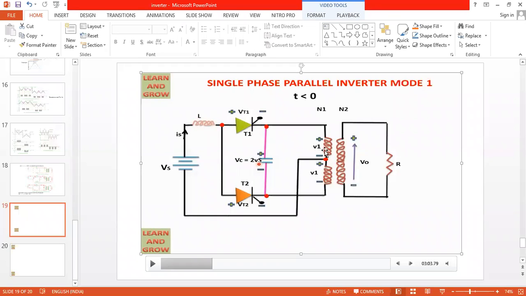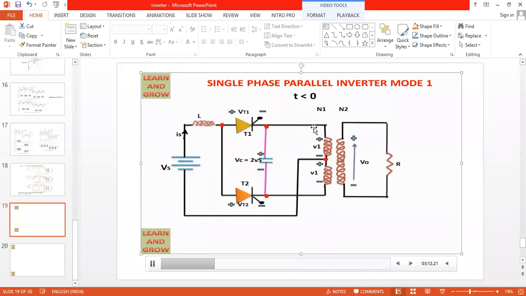Why are we using the center tap transformer here? I want to charge the capacitor to the maximum value, double the rated value, and that is possible only with this center tap transformer. So again in mode 1, when the supply is on, current starts from Vs plus to the inductor, and from the inductor to T1, which is turned on already.